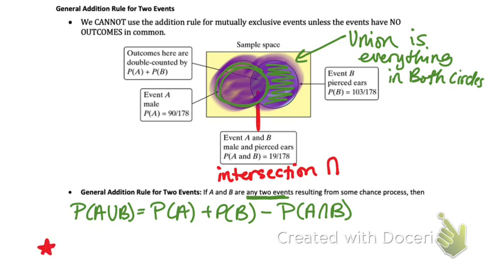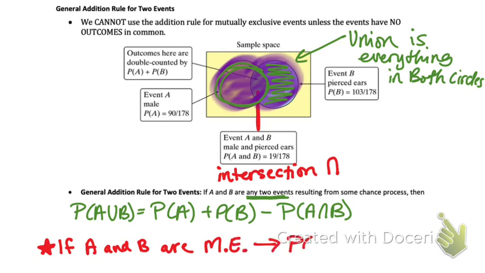Can you guys do me a favor and remind me of something? If A and B are mutually exclusive, what is the probability of A and B occurring at the same time? 0. A big fat 0. So wait, are you telling me, Miss Lakey, that really the mutual exclusivity addition formula is just this formula, but with a minus 0 right here?